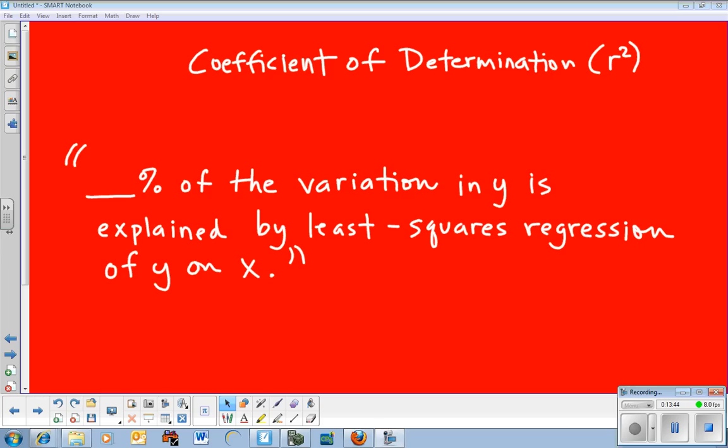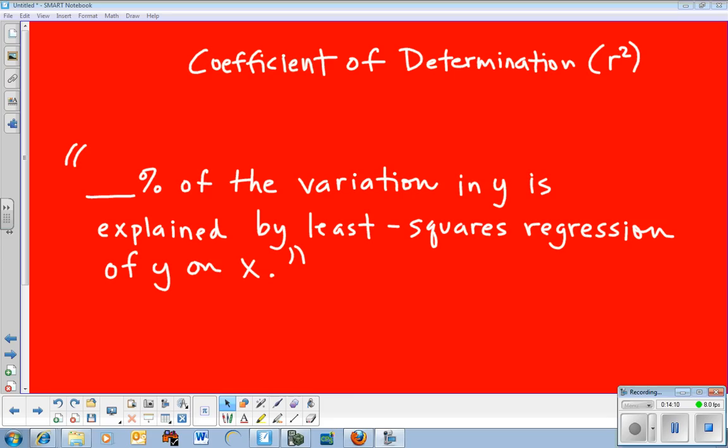Coefficient of determination: when you get R and R squared on your calculator, this is what R squared means. It's the percentage of the variation in Y that is explained by the least squares regression of Y on X. You need to remember that wording. That wording is going to pop up on test questions, on your AP test. That is what R squared means. Loosely speaking, it's the percentage of Y that's based on X.